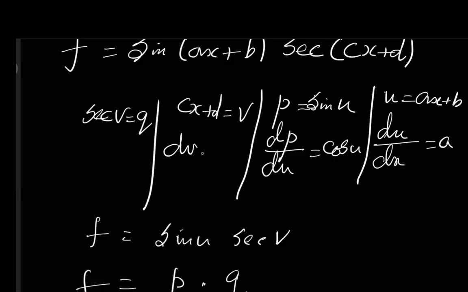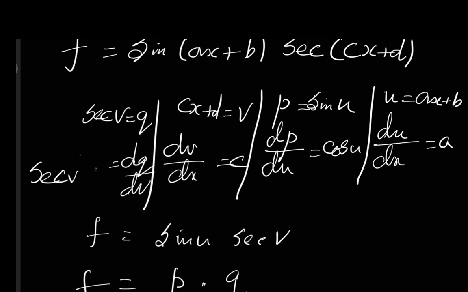And here dv by dx is c, and dq by dv is secant v tan v.